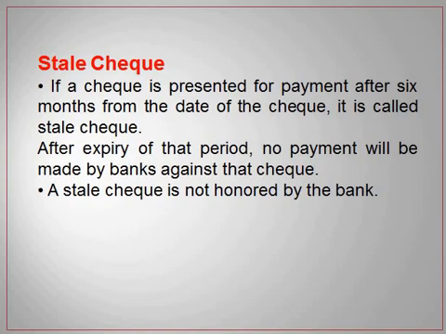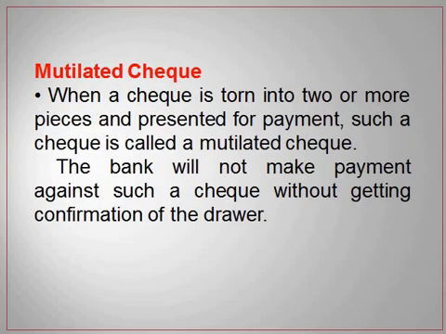Actually, the date is mentioned on the check. If we forget to post the check at the right time, then the check will become a stale check. If they cross 6 months, then it will be wasted. So this stale check will not be accepted by the bank.